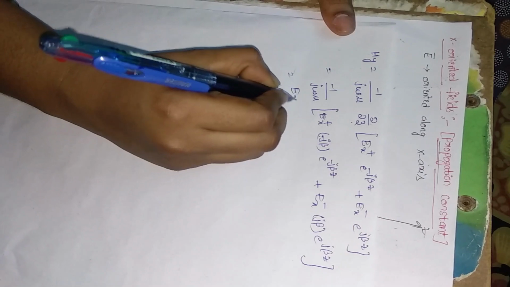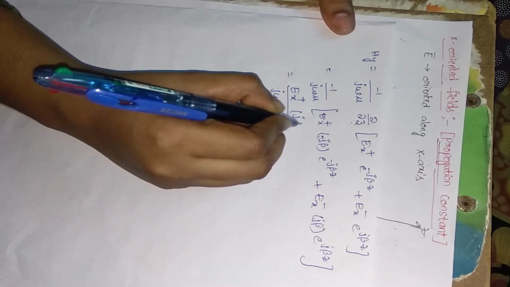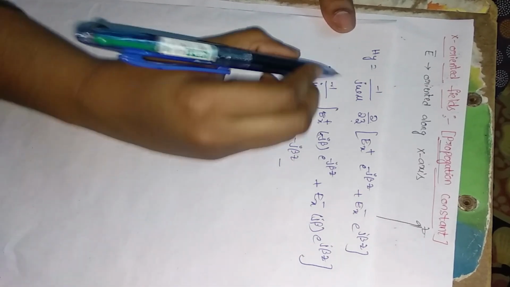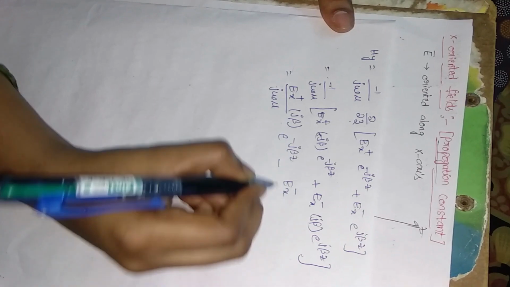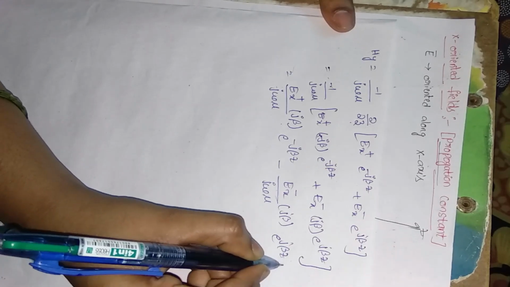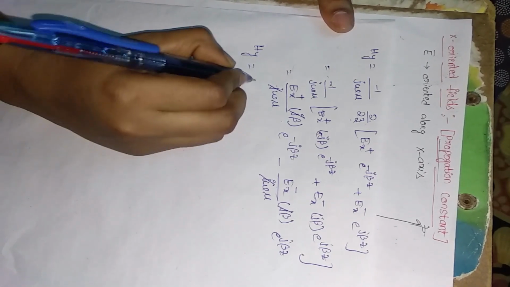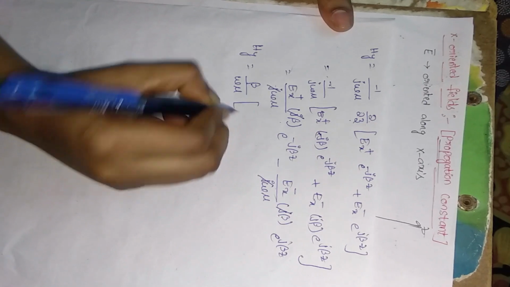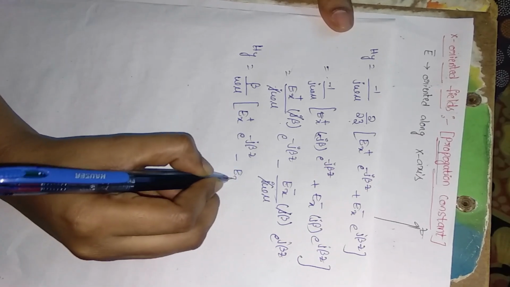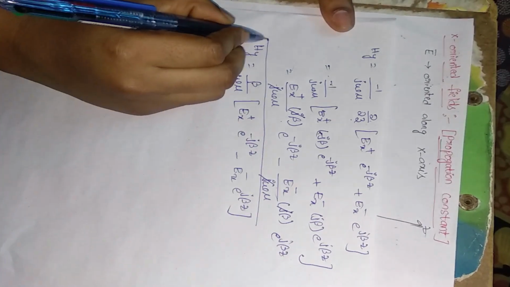That is equal to Ex plus divided by j omega mu into j beta e power minus j beta z, minus into minus becomes plus, and minus into plus becomes minus, Ex minus divided by j omega mu into j beta e power j beta z. j will get cancelled, it will become Hy is equal to beta divided by omega mu, the common term, into Ex plus e power minus j beta z minus Ex minus e power j beta z. This is the magnetic field along the y-axis.